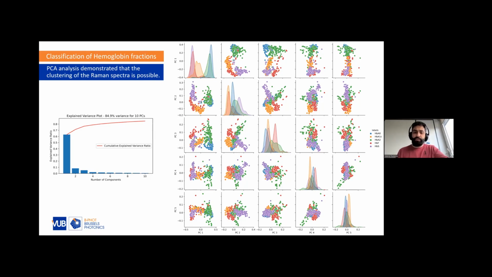So we used principal component analysis, which actually looks at the variations in your data in order to transform your system of coordinates for your data.